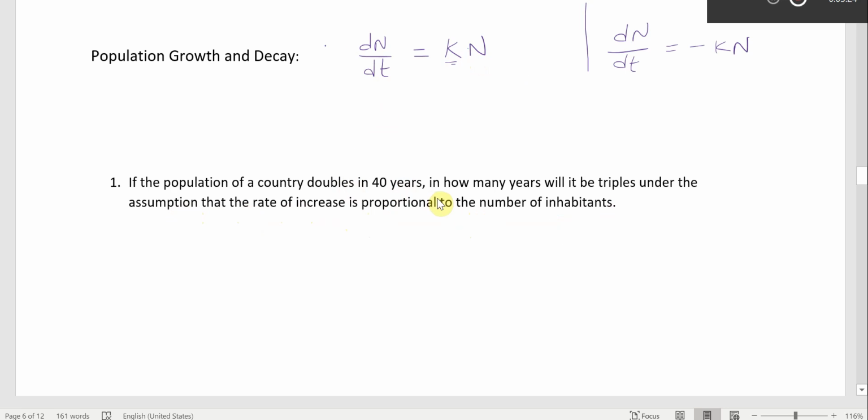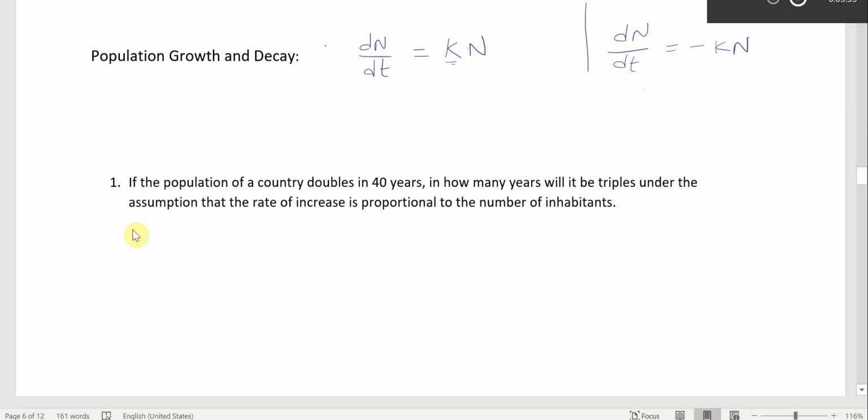Here the word increase is there, and doubles, that means it is a growth problem. So we will select dn by dt equals plus kn, not minus kn. If it is a decreasing problem, with words like decay, disintegration or decompose, we will take dn by dt equals minus kn. But here it is growth, increase, so plus kn.